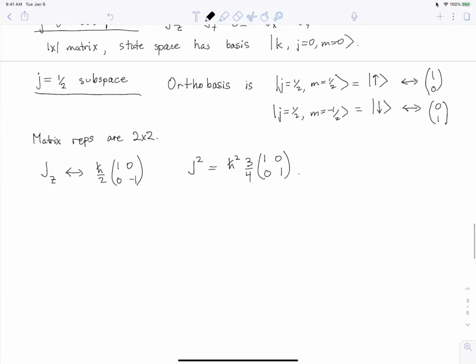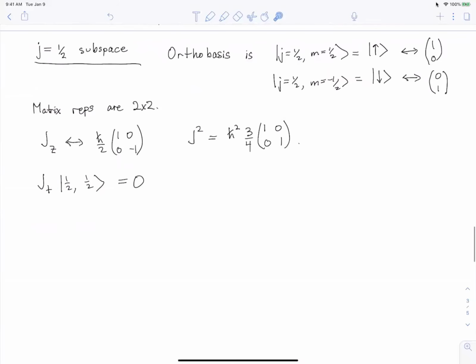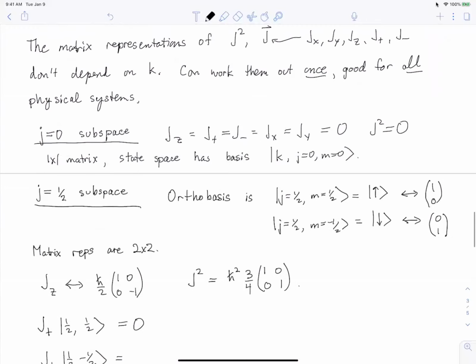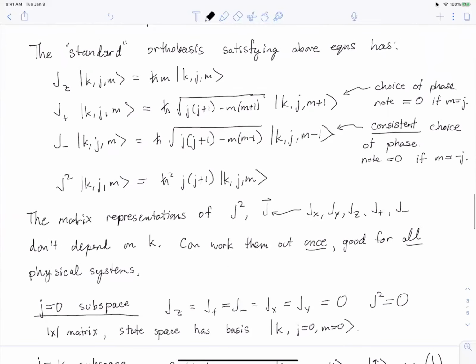And then we can work out what j plus and j minus do. So for example, j plus acting on the state 1/2, 1/2, which I could equally well write as up arrow, that's equal to 0, because if my m value is as large as it can possibly be, and then I try to raise it more, I can only get the null state. Okay, and if I act instead on the state with minus 1/2, then I have to go back to the formula up here. Basically, I'm going to be using this.